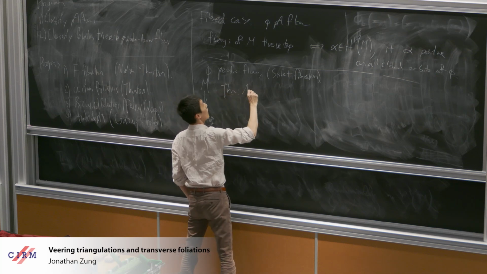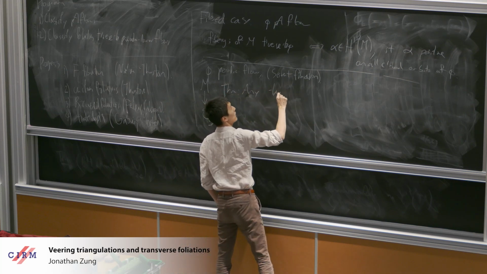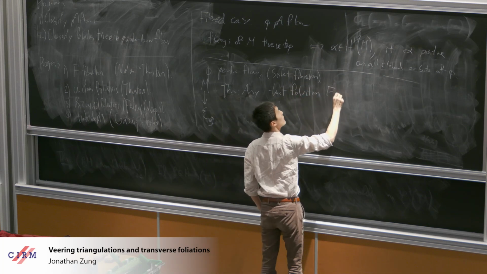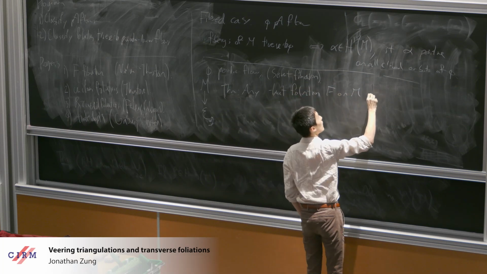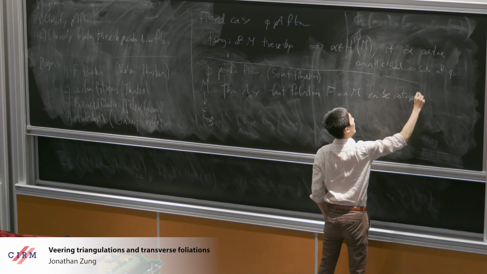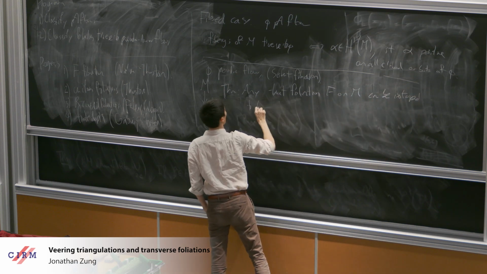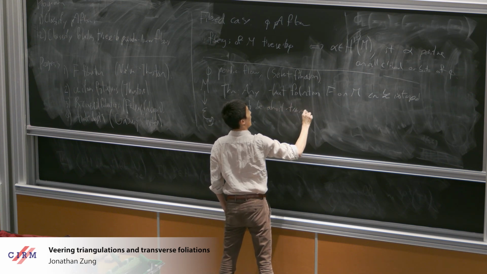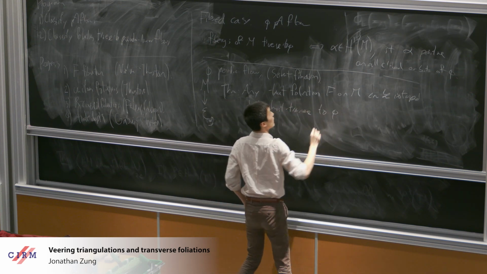Theorem. Any taut foliation F on M can be isotoped to be almost transverse to phi. Okay.